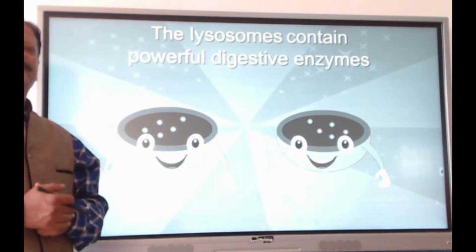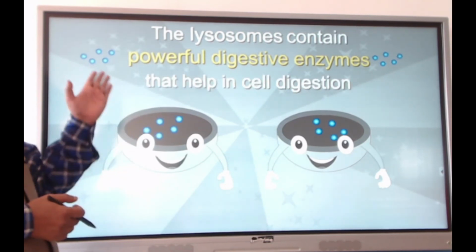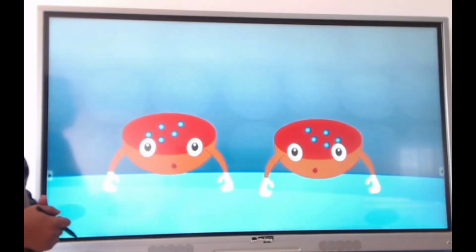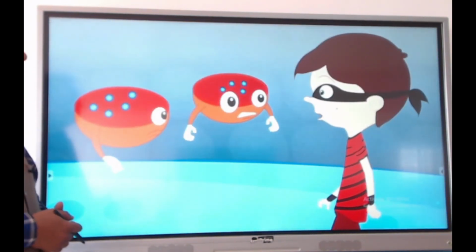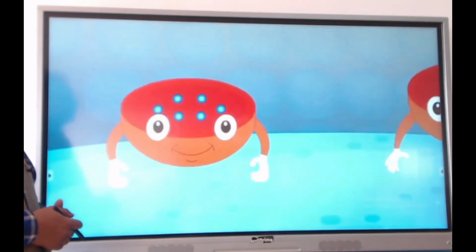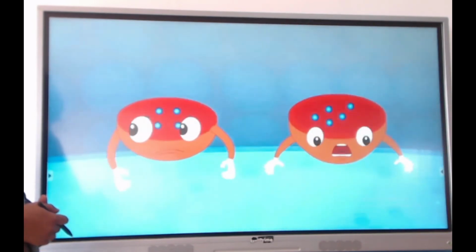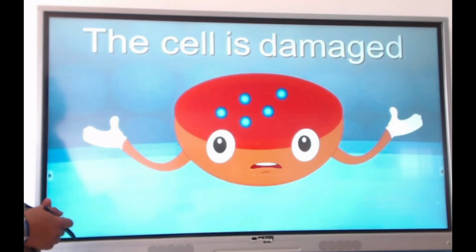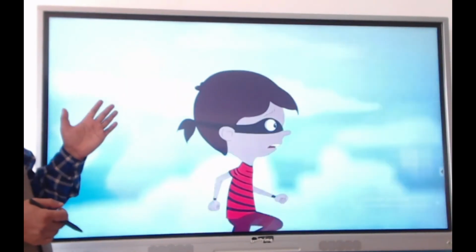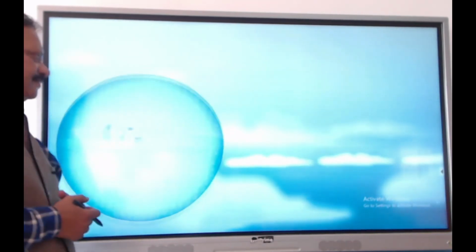Now the lysosomes, that is the suicide bag of the cell. The lysosomes contain digestive enzymes that help in cell digestion. If the cell is damaged, the damaged cell is engulfed, it is eaten, it is digested.